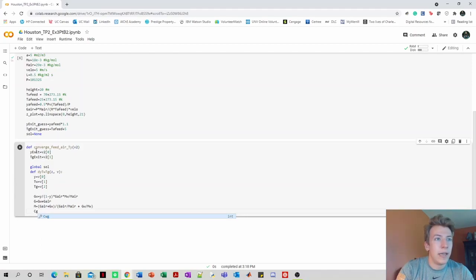Lastly, we can do the heat capacity of the gas, which is going to be equal to the heat capacity of the air times the gas flow rate of air plus the heat capacity of the water gas times the gas flow rate of the water.